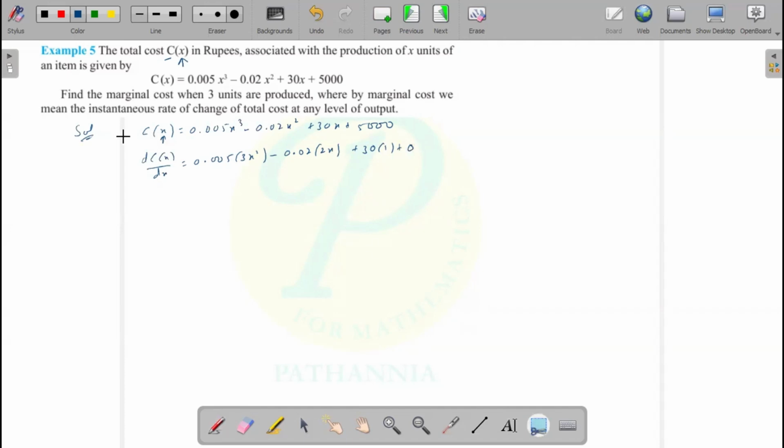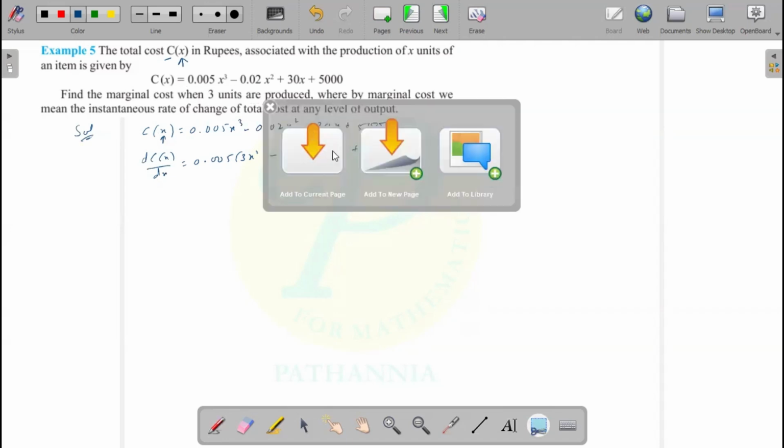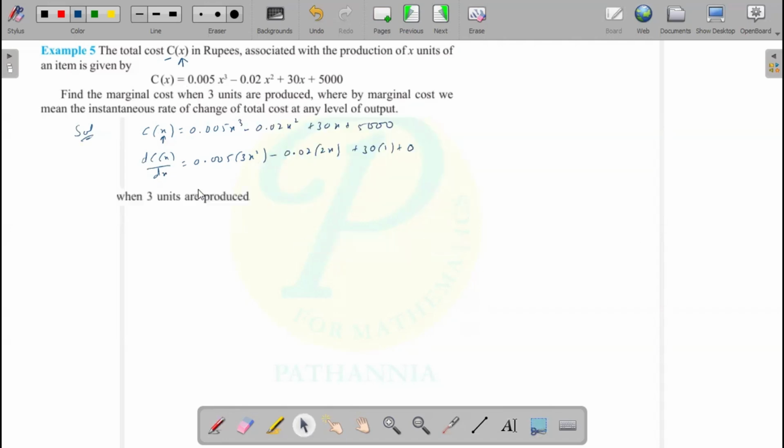He says when this x, the product, is 3 units. Three square. Here you put x as 3 plus 30.